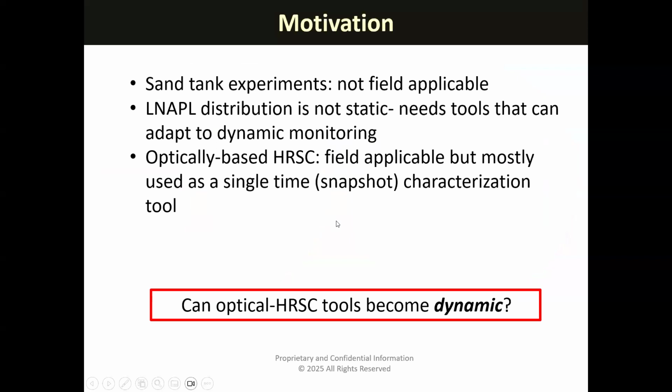So the motivation for this tool was really to provide some of that high resolution data that I was seeing in pictures, but not only that, to make that repeatable. The question I was trying to answer was, can optical HRSC tools become dynamic? And I think we have demonstrated that is the case.